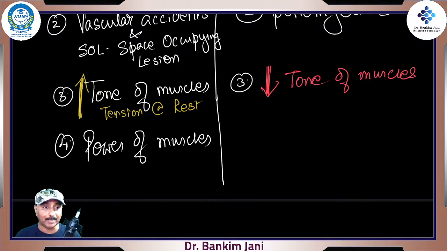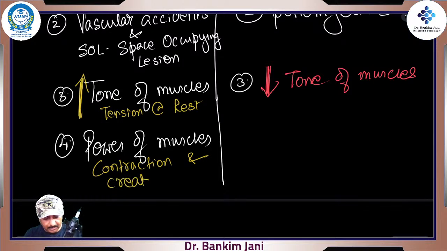What exactly is power? Power of muscle is the ability to contract and create resistance. Will the muscle be able to show the resistance? Yes, so this will be normal.